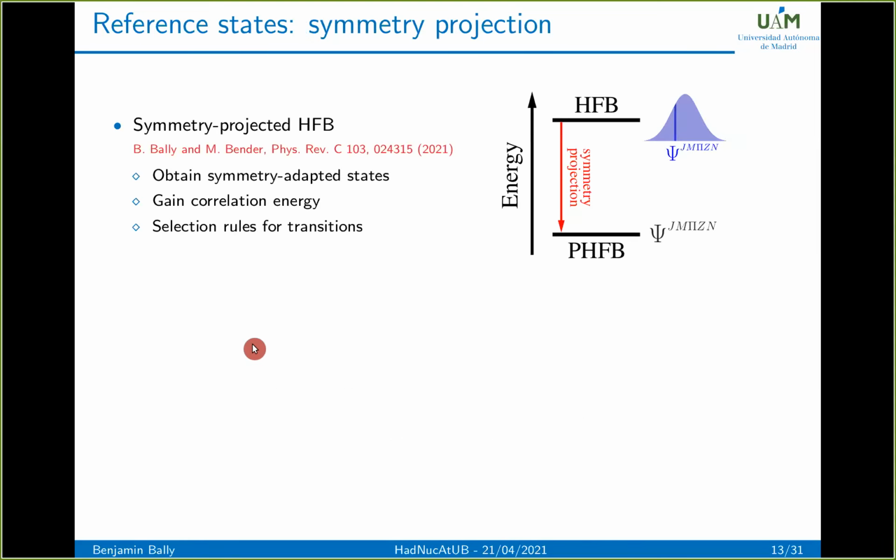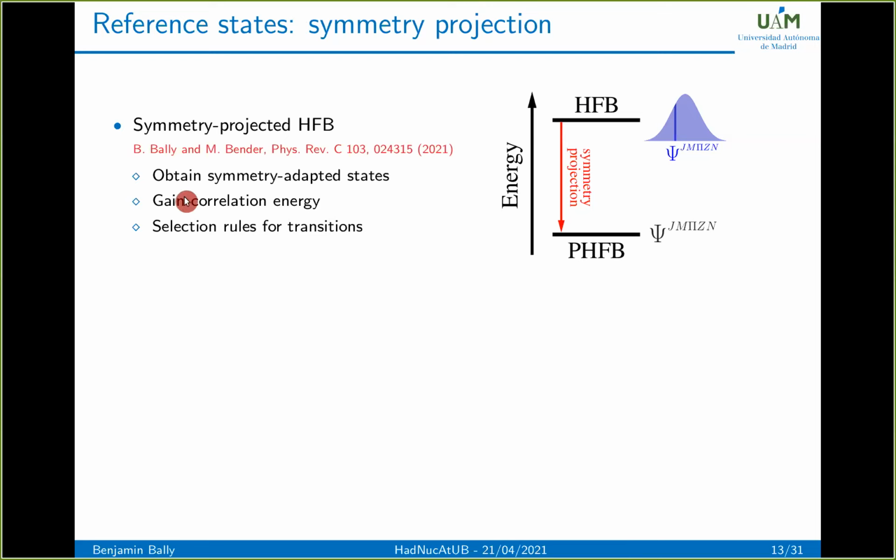So to go beyond this, we have to do what we call symmetry-projected GCM. I'm not going to describe it in detail because it will take a while. If you want, there is this article here that was recently published with Michael.